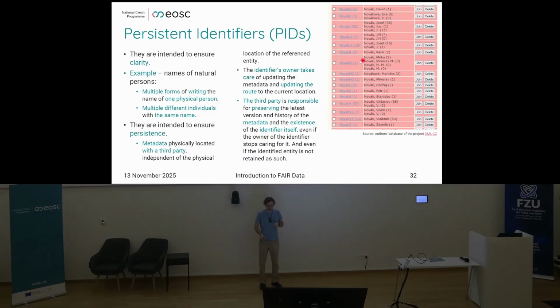So you can see one row is one physical person, and you can see what different forms of the name of the one physical person have been seen in different articles, as some articles are using accents, some are not using accents, sometimes the name is in the full form, sometimes just an abbreviation is used, so it's a real mess. So you need some unique identifier.